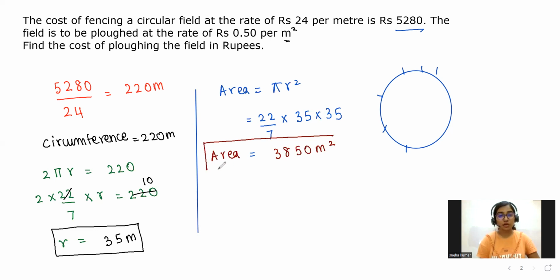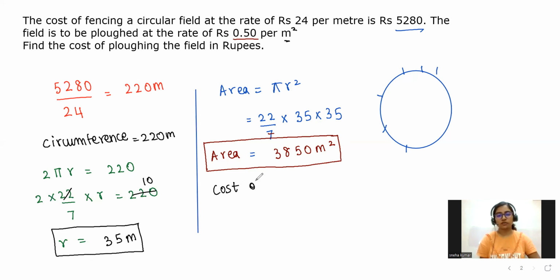But this is just part of our question, because the final answer is to find the total cost of plowing the entire field. What is the cost for plowing just 1 meter square? It costs us 0.5 rupees. So what do I have to do? I just have to multiply that with the area that we just calculated.